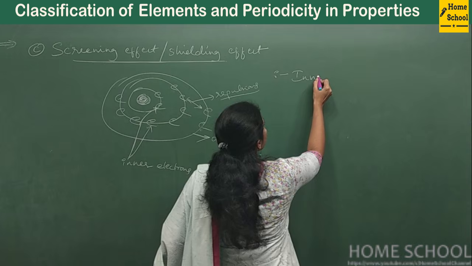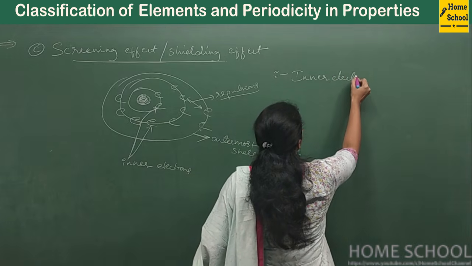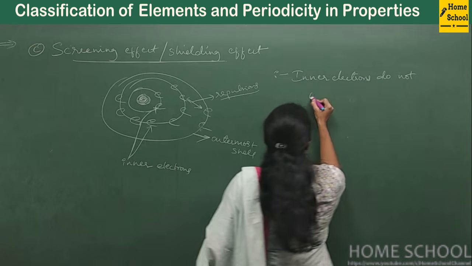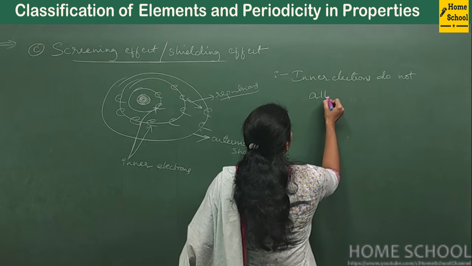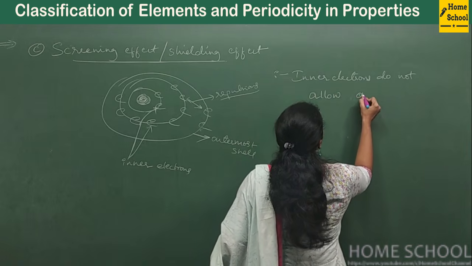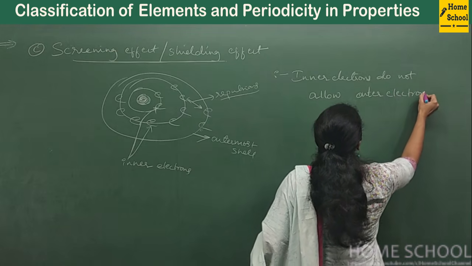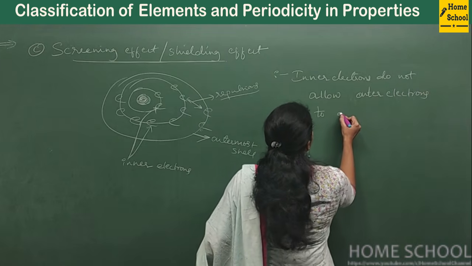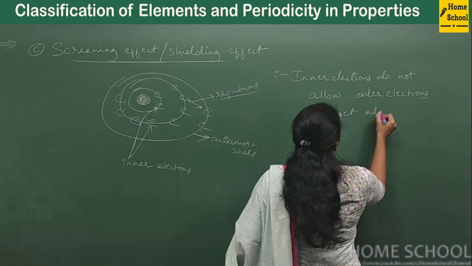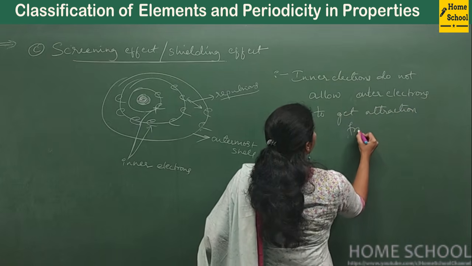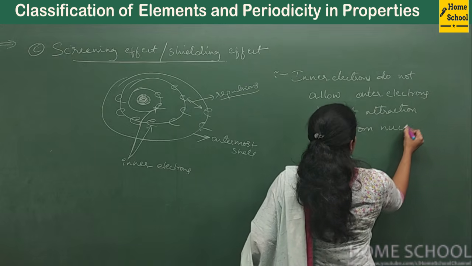Inner electrons do not allow outer electrons, outer means valence electrons, to get attraction from nucleus, right?